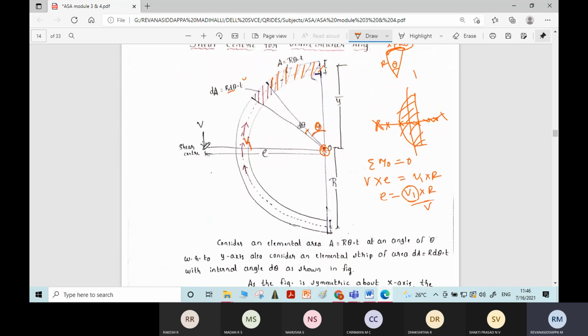The shear center is located by taking this condition, sigma M about O equal to 0. It becomes V into E equal to V1 into R. The moment of the shear force acting about O is equal to the moment of the shear resistance about O, so E is V1 into R by V. Now we need the expression for this V1.